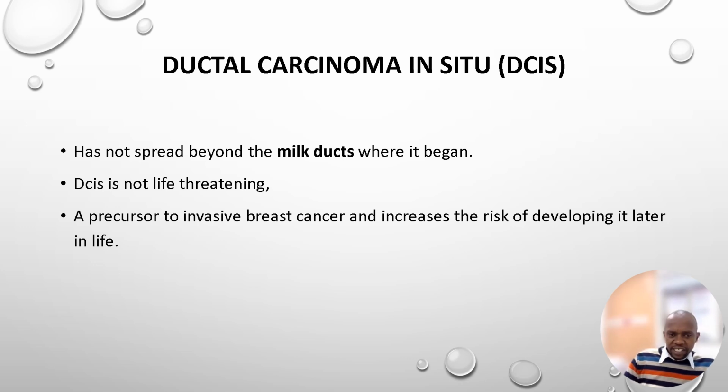Ductal carcinoma in situ means this type of breast cancer cell has not spread beyond the milk ducts where it began. Ductal carcinoma in situ is not life-threatening, but is a precursor to invasive breast cancer and increases the risk of developing it later in life.